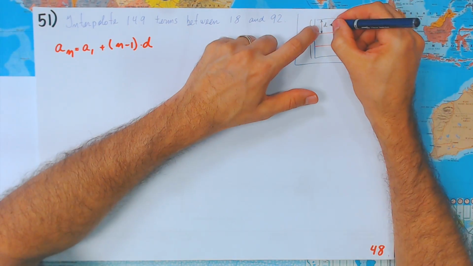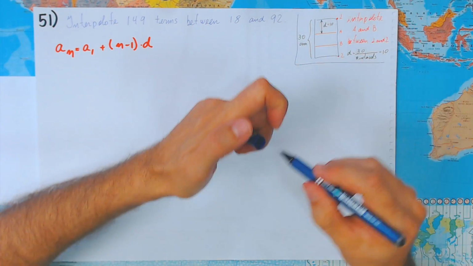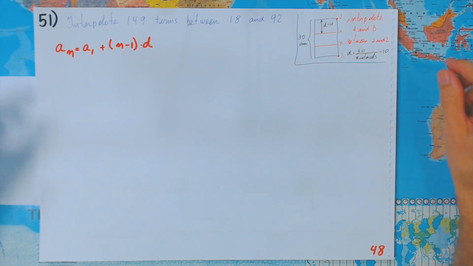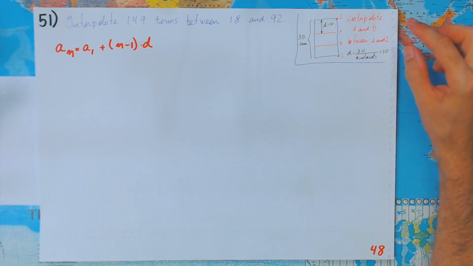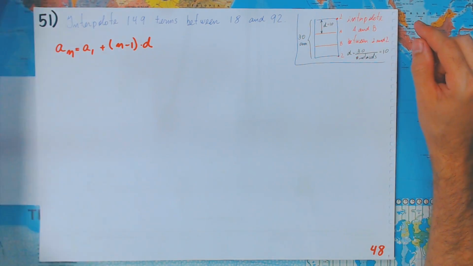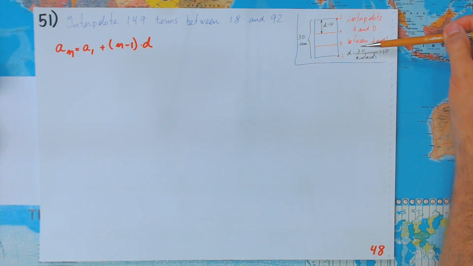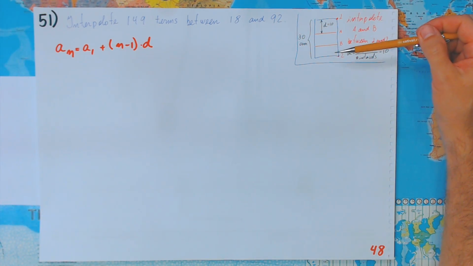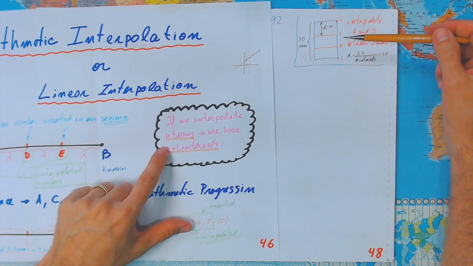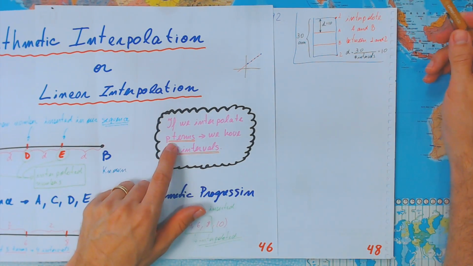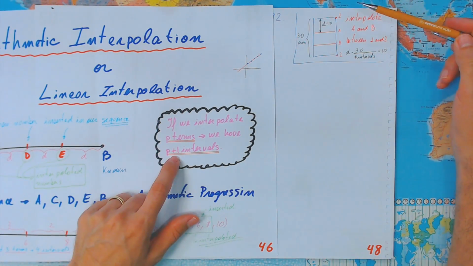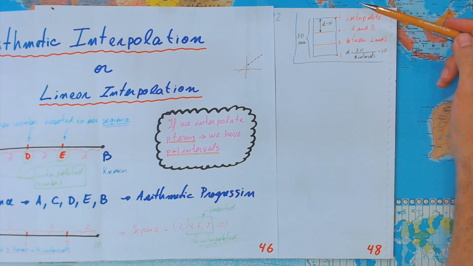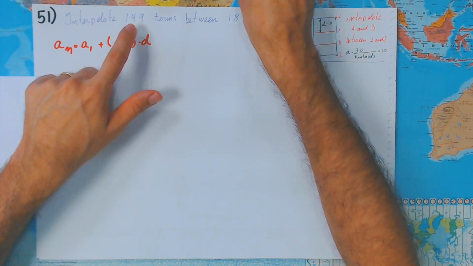So we need very much to know d, and for that we need the number of intervals. 1, 2, 3, and we know that if we are interpolating p terms, we are going to have 1 more interval. Just think about this problem.